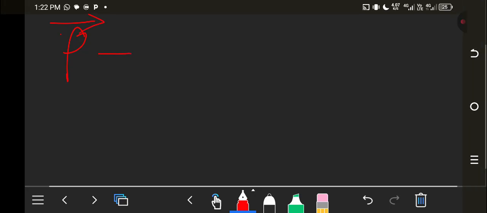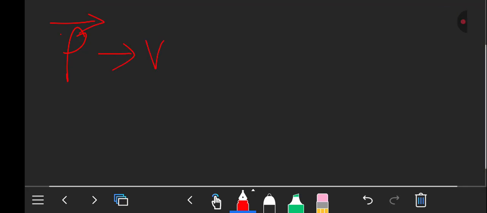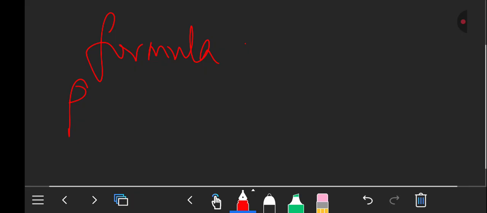So we are going to represent it as momentum with a bar because it is a vector. Let's now look at the formula which we can use to calculate linear momentum. Linear momentum is equal to, from our definition, the product of mass and velocity.